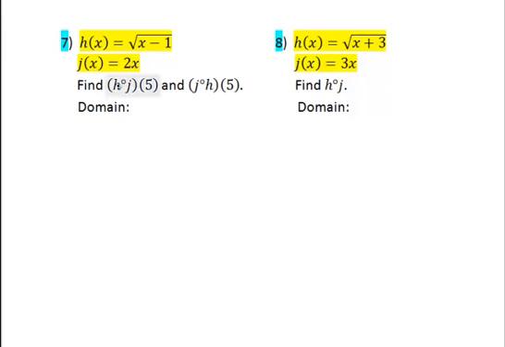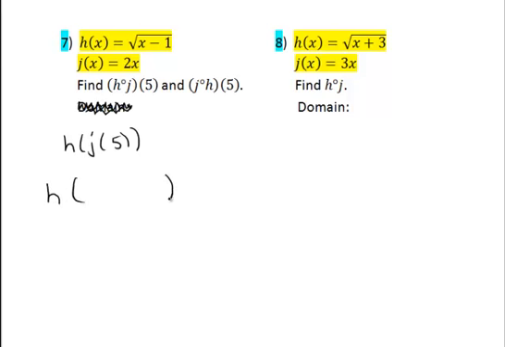So for the first one, we want to find h of j of 5. We don't need a domain for this particular problem. h of j of 5. So we're going to find j of 5, and once we find it, we're going to put it inside h.